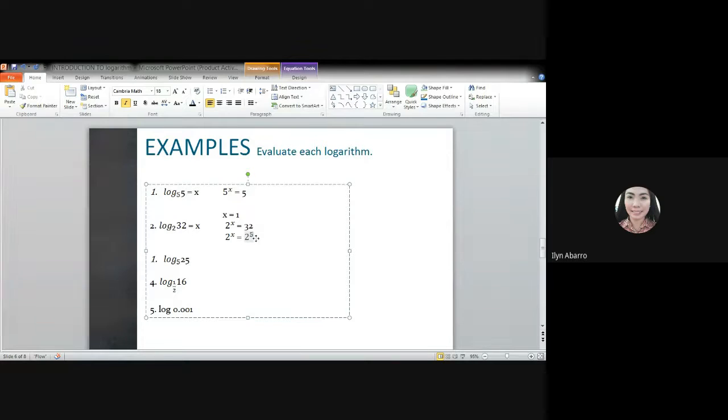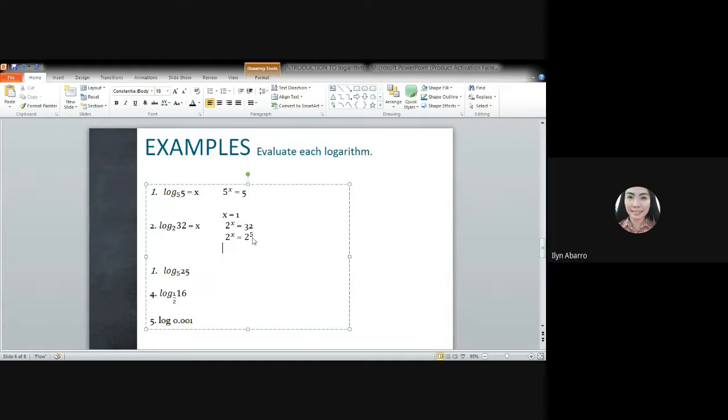So now that our bases are equal, we can now equate the exponents. So therefore, x is equal to 5. So yan yung answer natin. So the value of the logarithm of 32 with base 2 is 5.